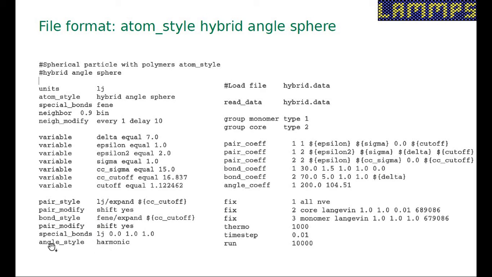For the angle interaction, the angle potential, we use the harmonic. Basically, this is the interaction between the central core and the polymers. So it's Hooke's law. And well, it comes to the section where we load the data file.